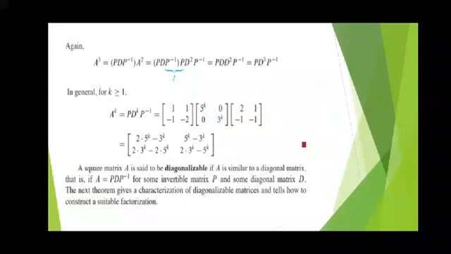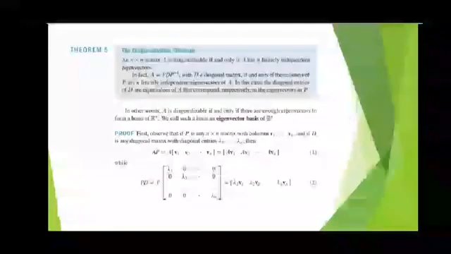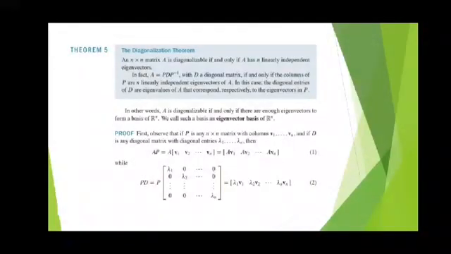Now we see the next theorem, which gives a characterization of diagonalizable matrices and tells how to construct a suitable factorization. This is the famous diagonalization theorem. An n by n matrix A is diagonalizable if and only if A has n linearly independent eigenvectors.